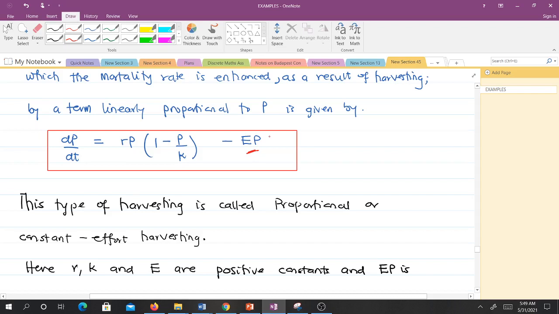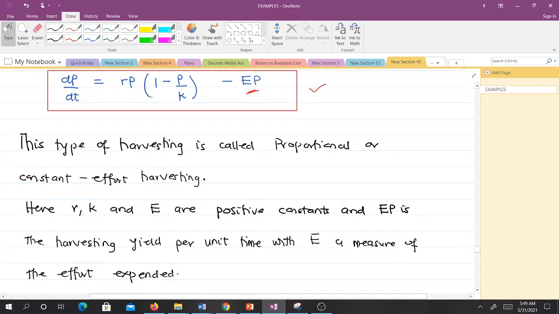Okay. So this is going to be the model for the constant effort harvesting. With this type of harvesting, we call it the proportional or constant effort harvesting. And here R, K, and E are positive constants, and EP is the harvesting yield per unit time, with E a measure of effort expended. Okay.